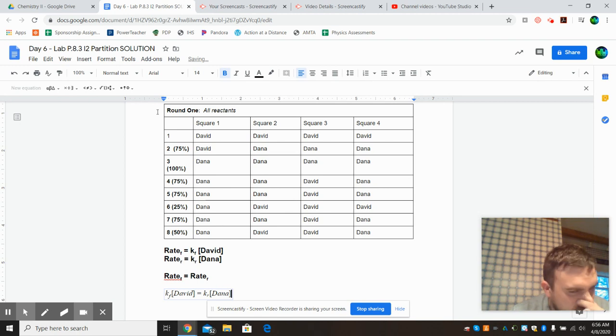So then what they typically like to do in a situation like this is they like to take all the terms that are the same on the same side and make a fraction out of it. And so we've got K terms, or the rate constants. And so what I'm going to do is basically take the Kr and divide it to both sides. And I'm going to take the concentration of David and divide it to both sides. Therefore, I'm going to be left with something like this.